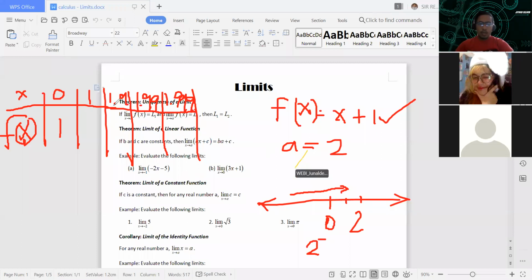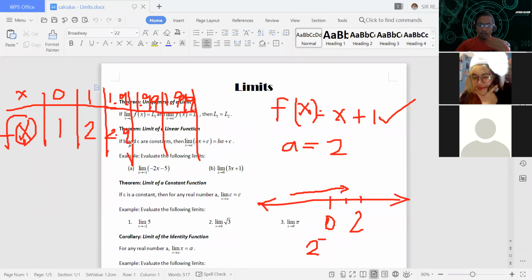So now if x is 1, so you substitute 1 here, obviously your f of x is equal to 2. Okay. This time, if x is equal to 1.9, you replace x with 1.9, 1.9 plus 1, so it is 2.9, right?